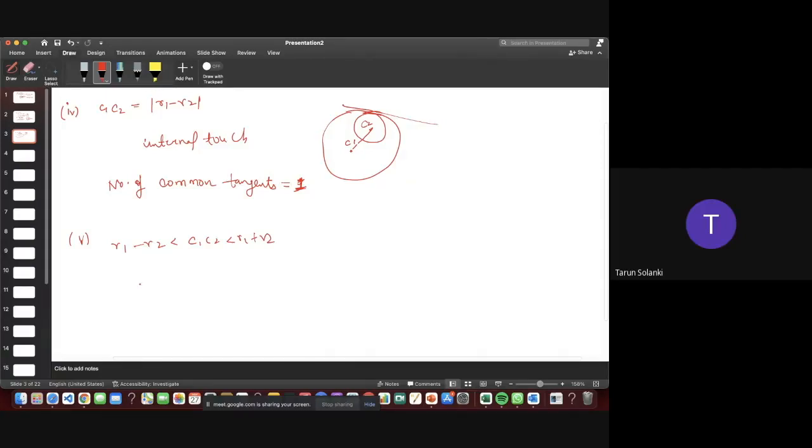Okay, that means first when you look at this, you will get to know that it is at the position of intersection, at two real points. Now, intersection at two real points, that means the second circle.